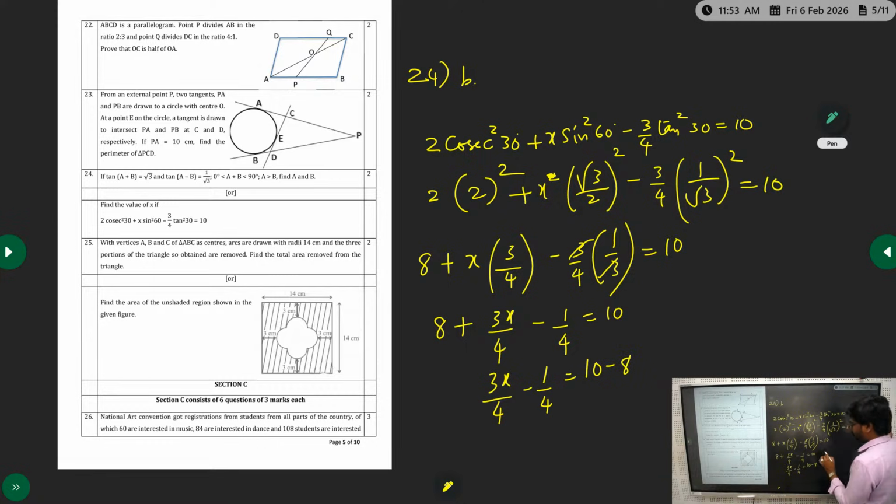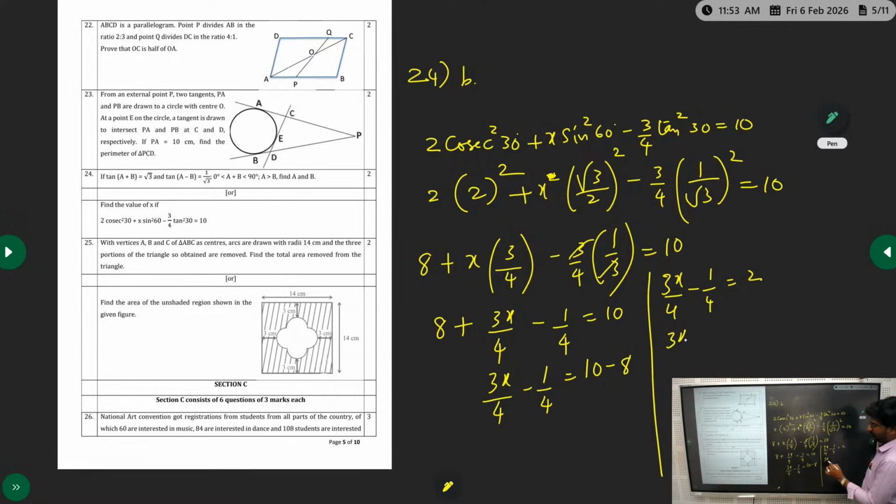What is 10 minus 8? 3x by 4 minus 1 by 4 equals 2. 3x by 4 is equal to 2 plus 1 by 4. What is the answer? 4 is the LCM. 4 2s are 8, 8 plus 1 is 9. 4 4s, 3, 3 1s are 3, 3 2s are 3. Then what is the value of x? Complete.